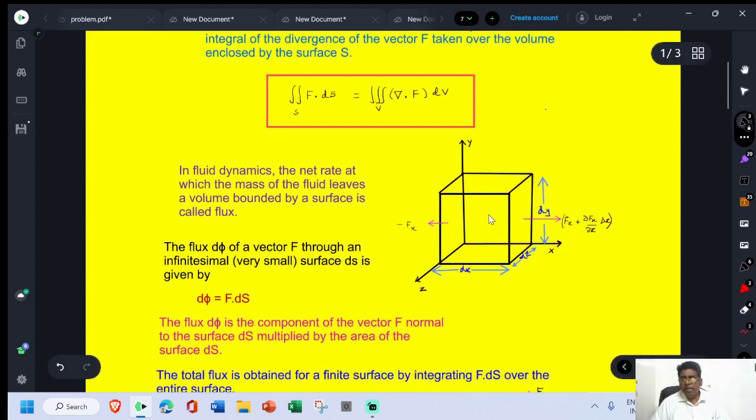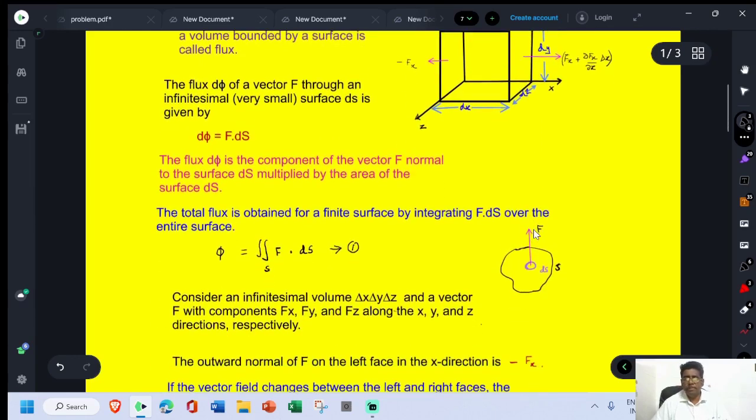If f be the vector, the component of the vector along the x direction is fx. Here the outward drawn normal along the left hand side is minus fx. To calculate the normal component of f along the right face, we should use our Taylor series.